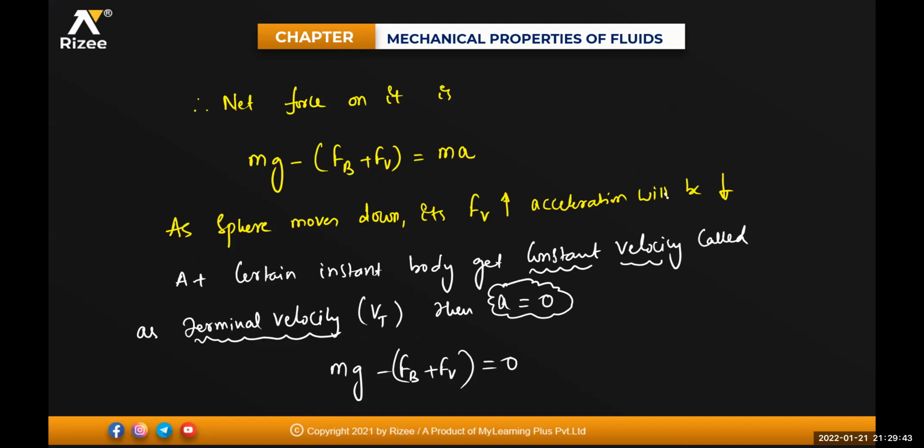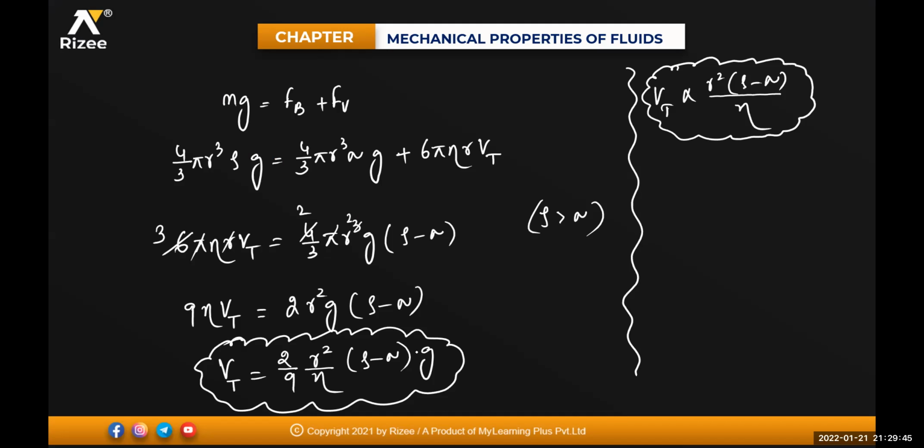So therefore I can say that terminal velocity is directly proportional to r square. This is an important relation we need to remember. Clear? So terminal velocity is 2 by 9 r square divided by eta into rho minus sigma into g.